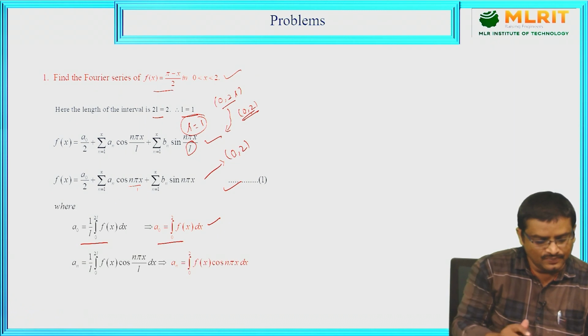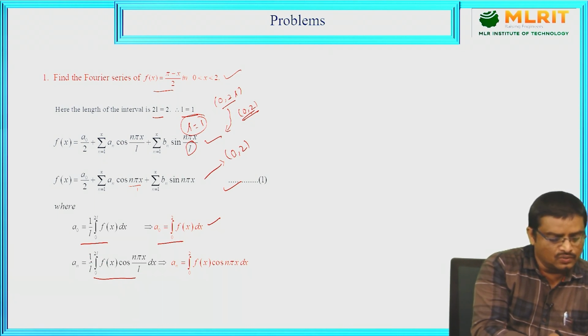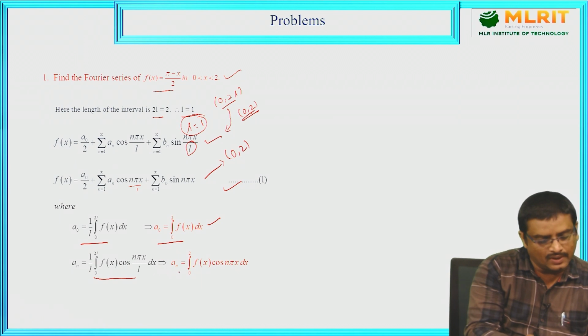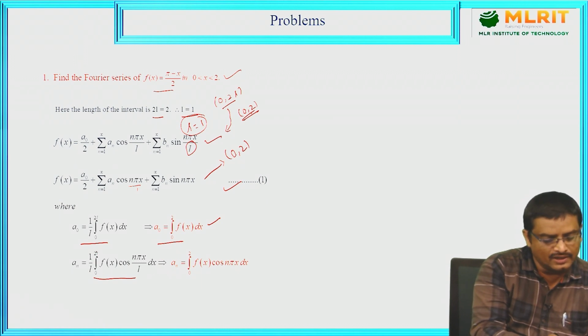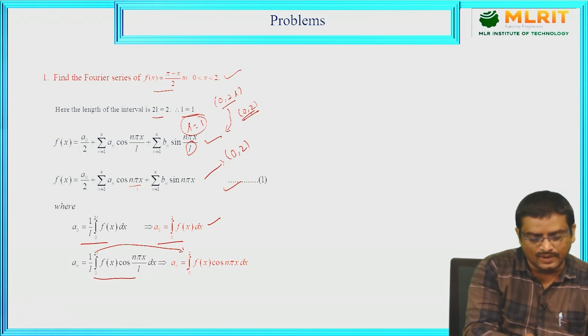And similarly an, this is the standard formula we discussed in the previous slide. Replace l with 1, so 1 by 1, 0 to 2l replaced with 2, and f of x into cos n pi x dx.